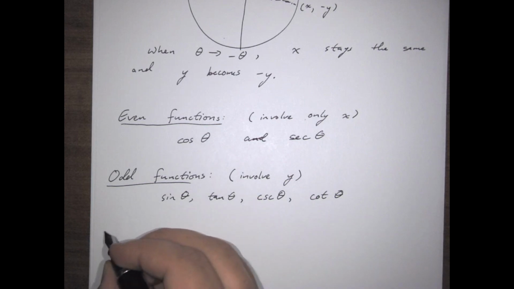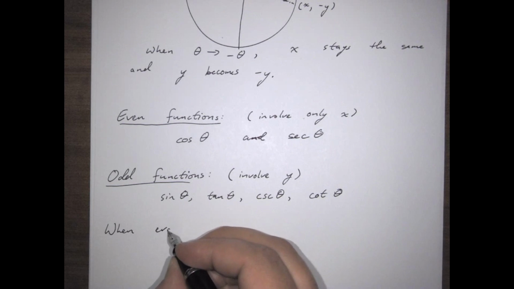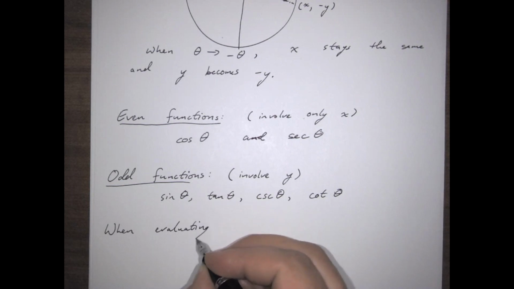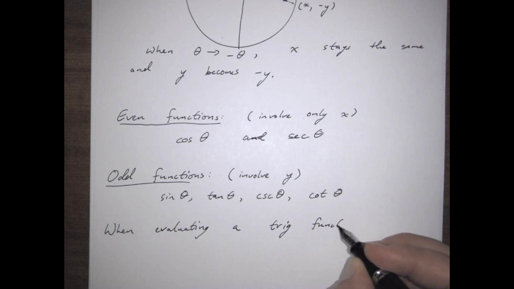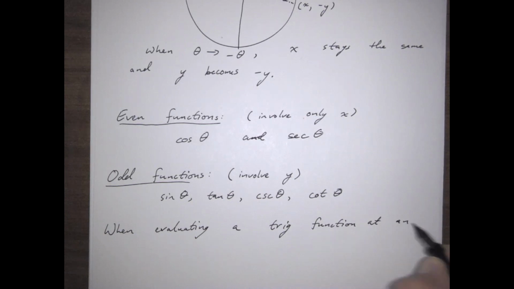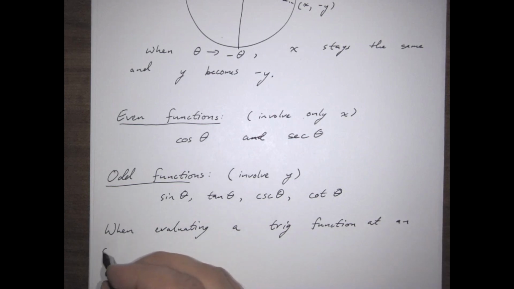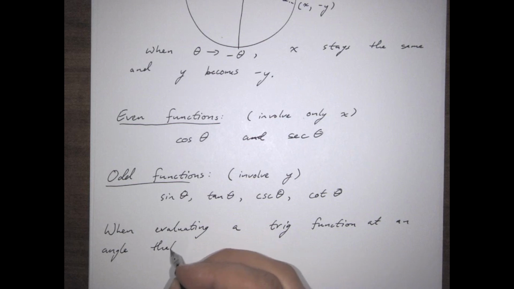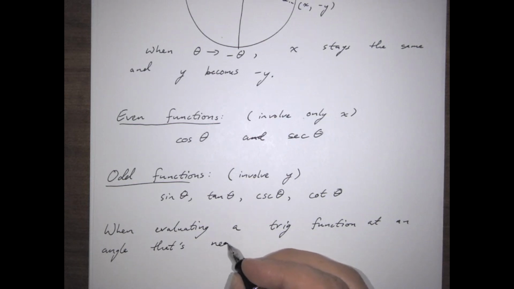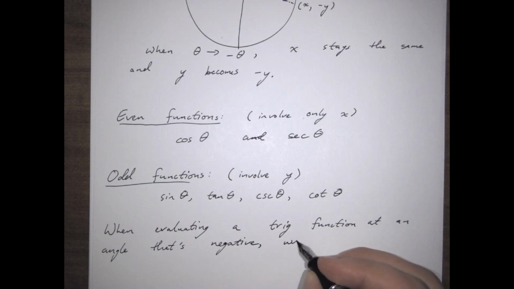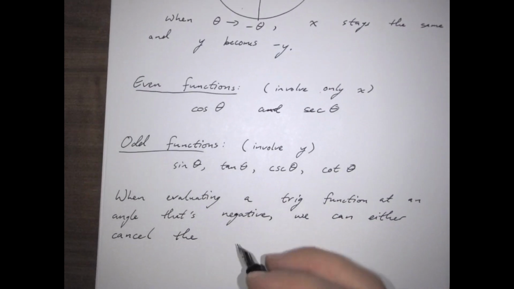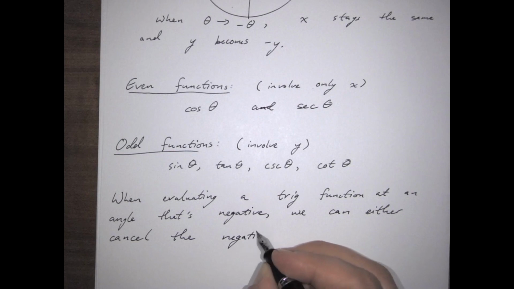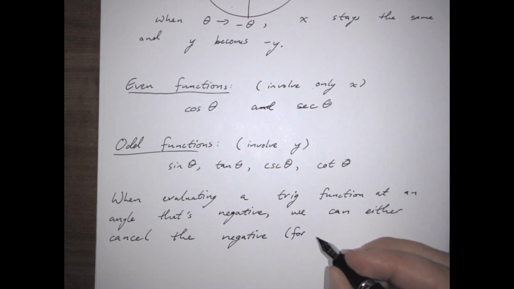So when evaluating a trig function at an angle that's negative, we can either cancel the negative, and that's for even functions, so for cosine and secant.